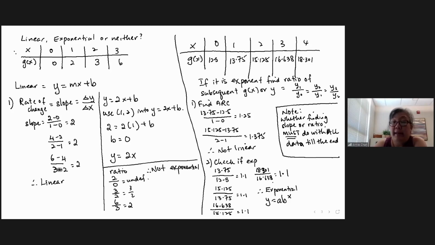If they give you 10 points and 9 out of 10 have the same slope, don't leave out the 10th. Because if the 10th is a bad apple, then the whole function is no longer linear.